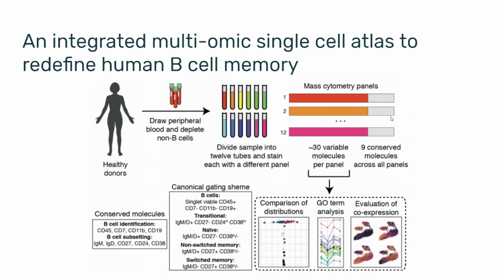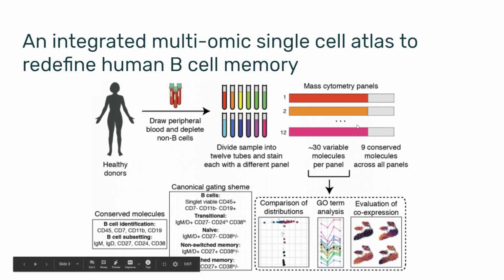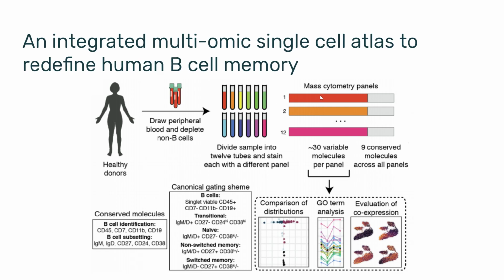The panel had nine markers for identification of B cells, and the gating scheme is given here, plus 30 different antibodies per tube, ending up with again over 300 markers that were measured across these different B cell populations using the CyTOF.